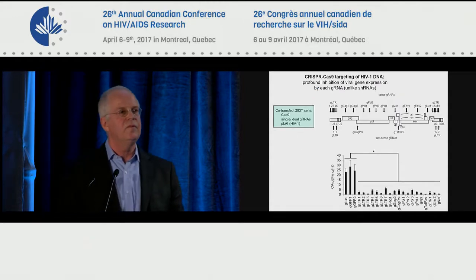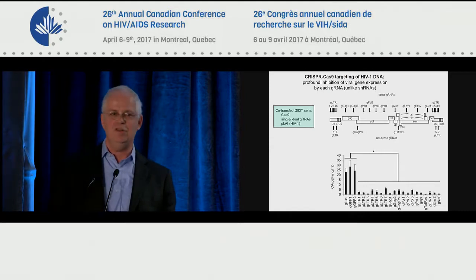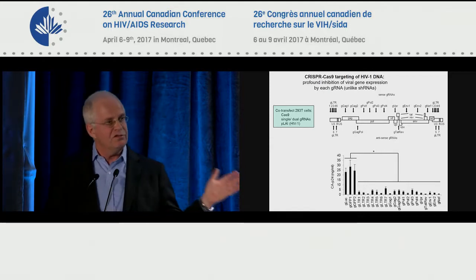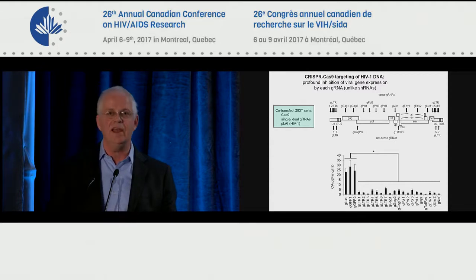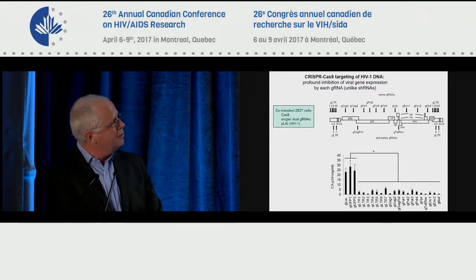Okay, so our first experiment, based on the RNAi expertise, we thought, well, we better start testing a lot of guide RNAs against HIV-1, because perhaps only a few of them are active. So that's why you see all the arrows here on top.